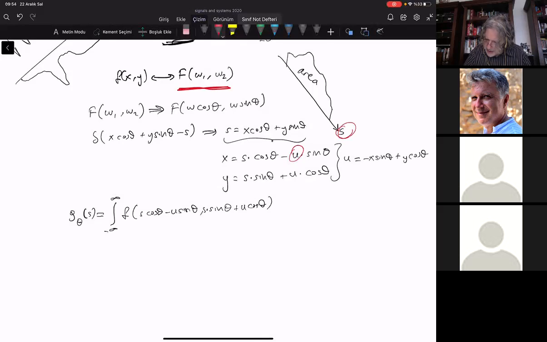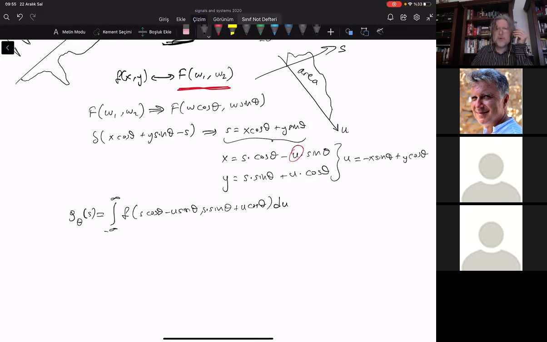So this actually is not the s direction, it's the u direction. S is the direction which is orthogonal to that. Okay, this direction was s. So I have to put a du here.